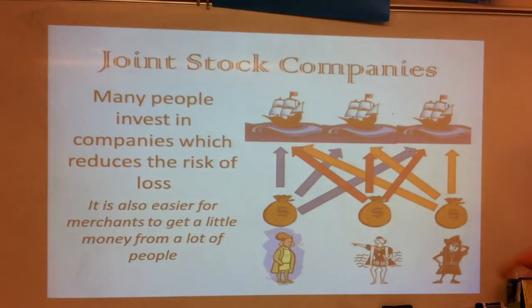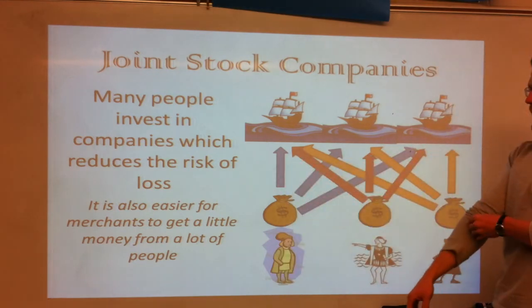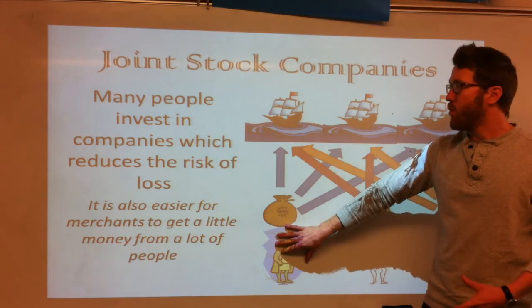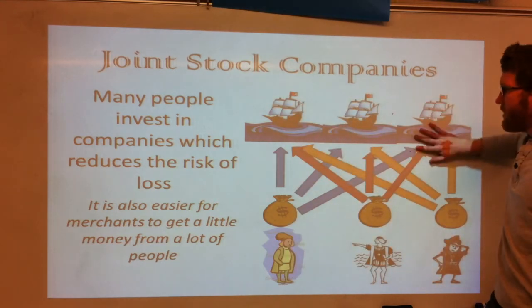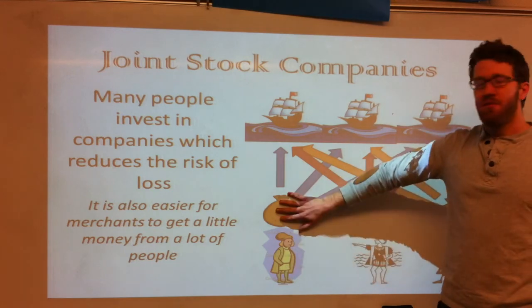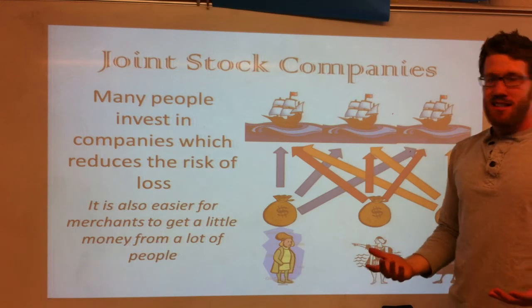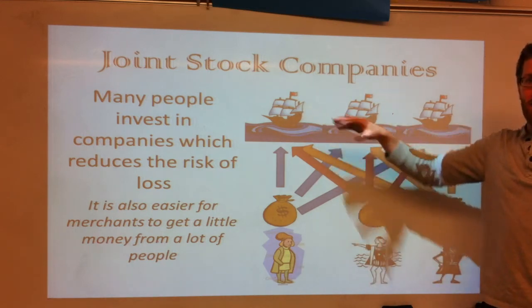And basically what it does is it allows several people to invest their money in a bunch of different businesses. So this person, he's not just investing in one business. He has a little bit in this business, and this business. So if one of them fails, he doesn't lose all of his money. But also, not everybody had as much money as kings. So they couldn't fund a whole business.